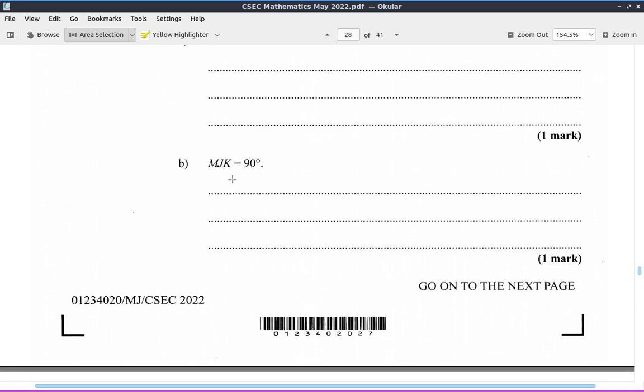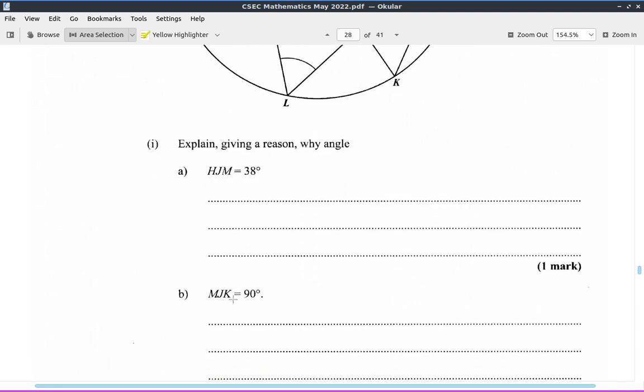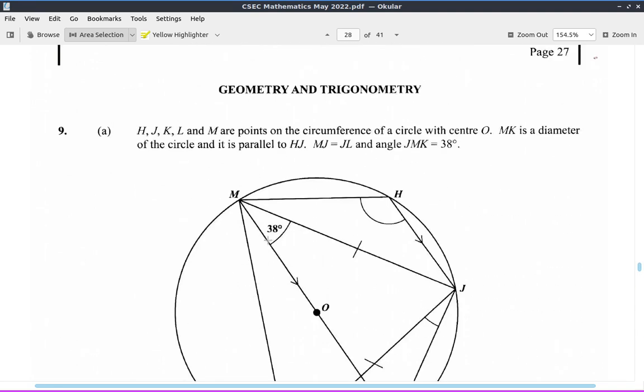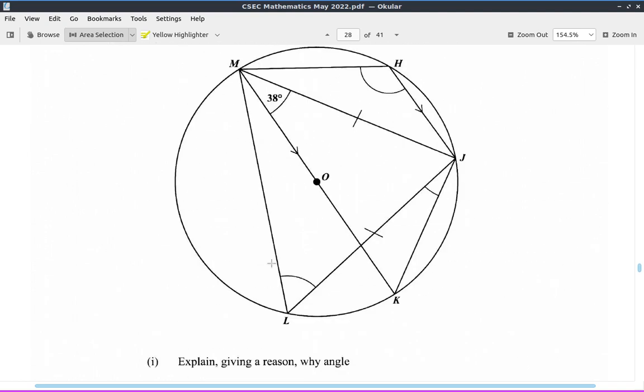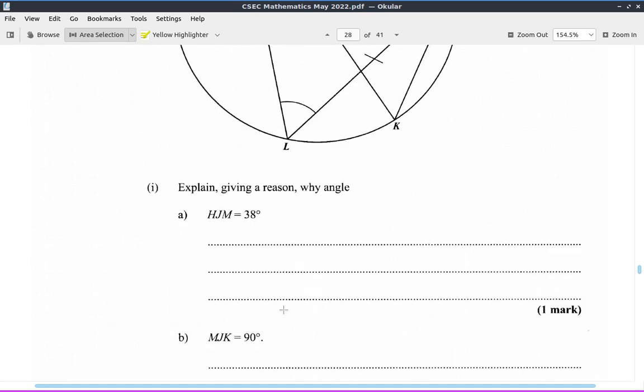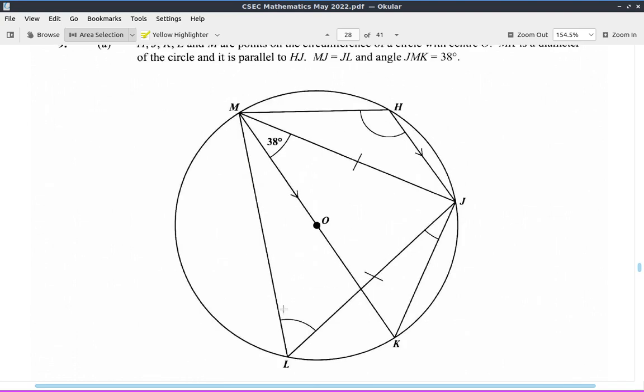Usually they ask you to find the angle, but here they show you what the angle is and you must explain the reason. And the reason why MLK is 90 degrees. Okay.